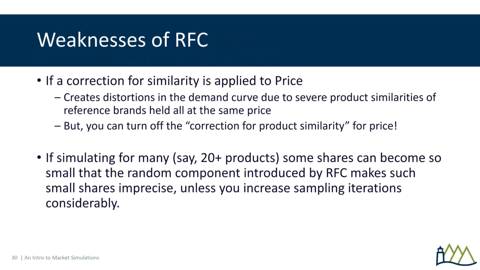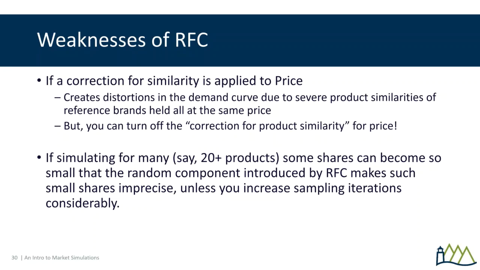So randomized first choice, if it has any weaknesses, one of them is that there are certain attributes like price where you don't really want to have correlated error. If my price is the same as another product that I'm simulating against, I don't necessarily want the error to be correlated because of similarity, because that would usually end up rewarding prices that are different and penalizing prices that are similar.